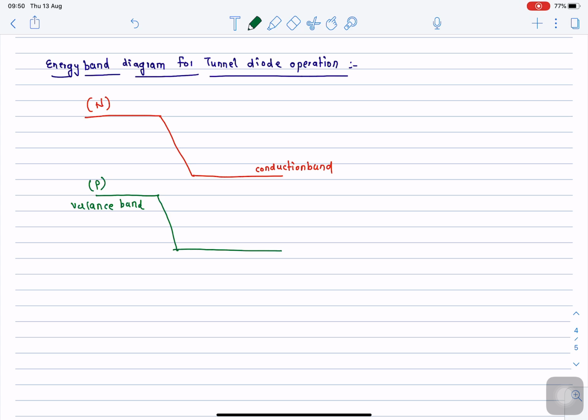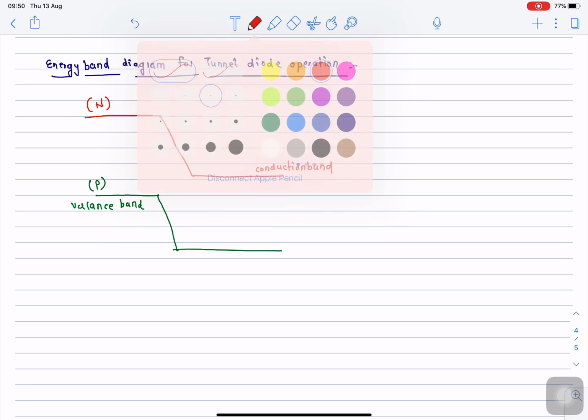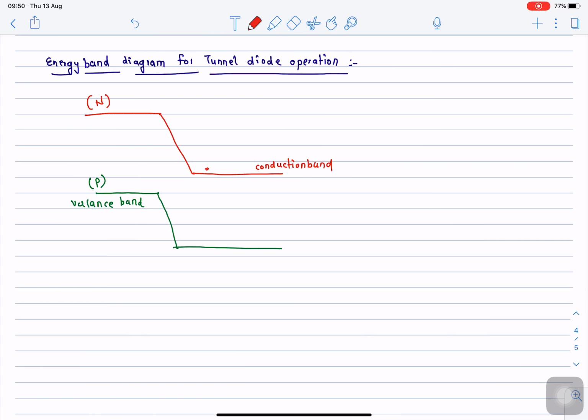So the p-n junction is formed and the energy band diagram can be illustrated in this particular way when the diode is without any applied bias. In the conduction band we have the majority charge carriers, so those are the electrons. And without any bias, the valency band does not possess any particular electrons. Okay, so this is when the diode is without any bias.